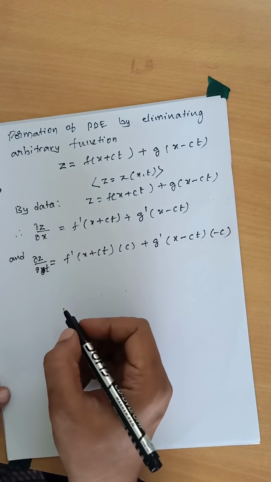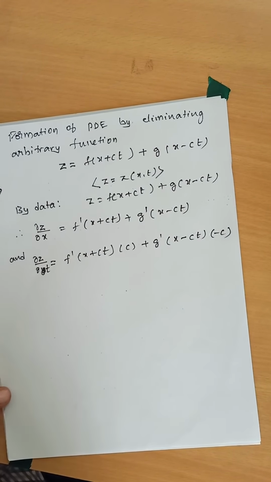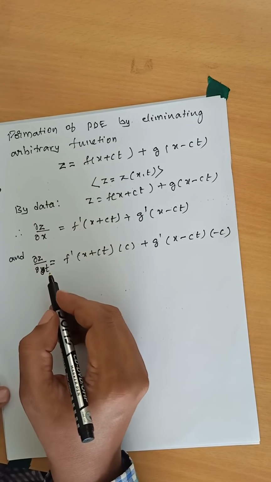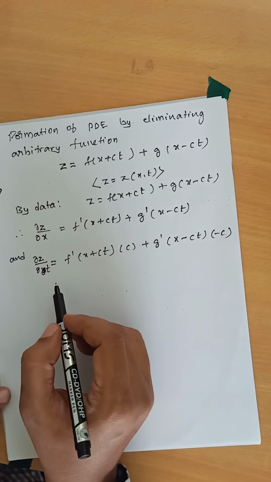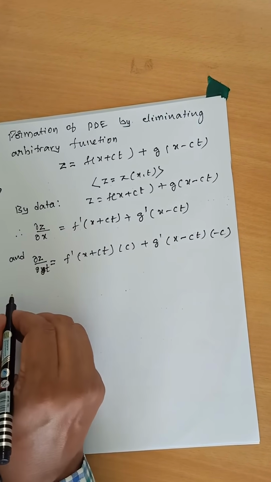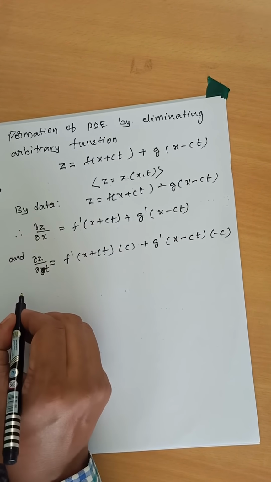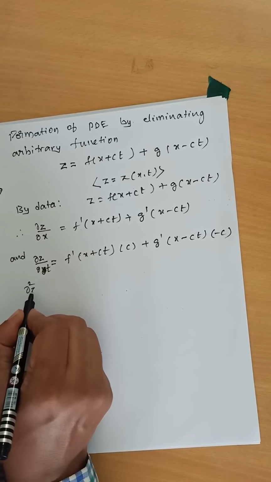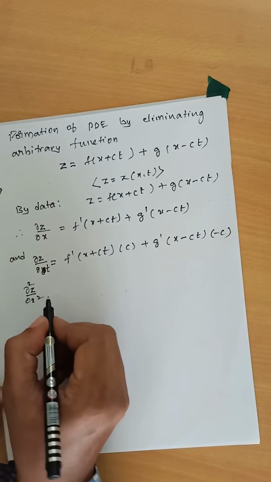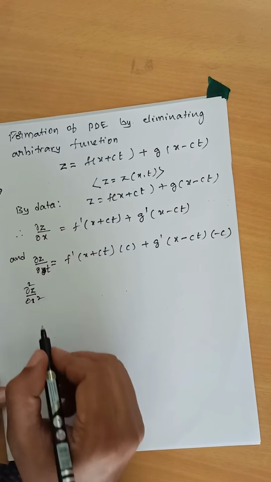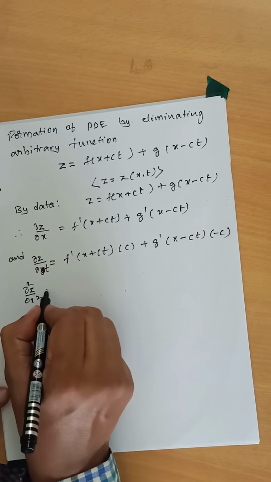It is very difficult to construct the PDE by eliminating the arbitrary function by using these two. That is why we go for finding dou square z by dou x square, which means we differentiate dou z by dou x to get dou square z by dou x square.